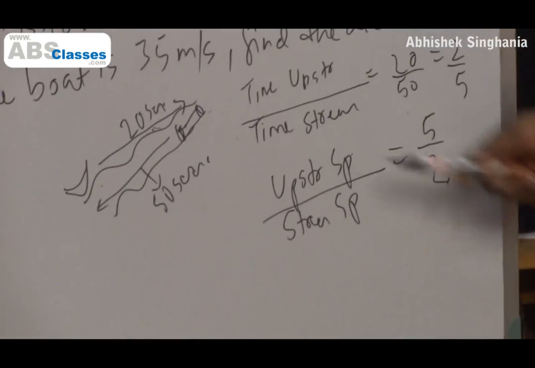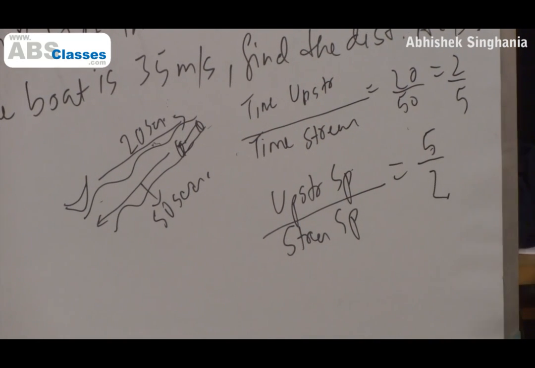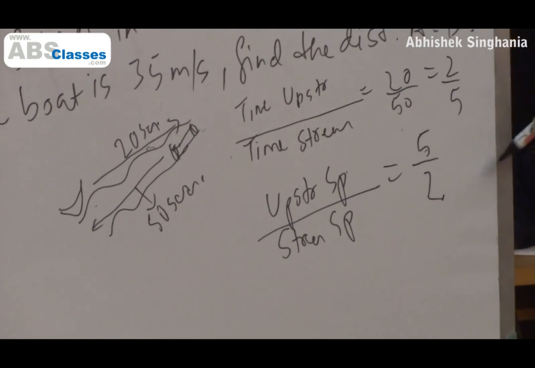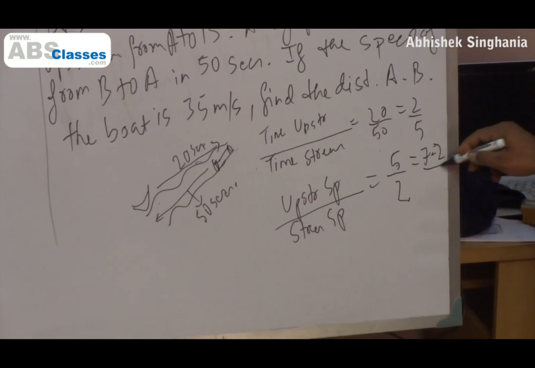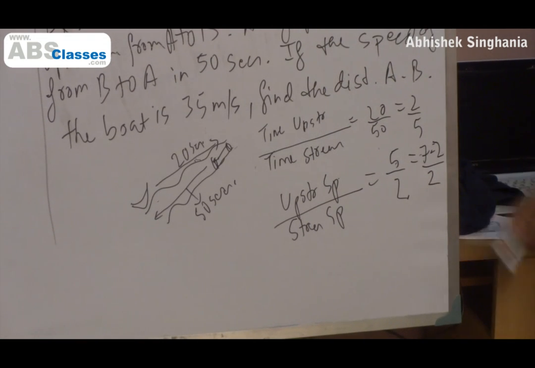Now I know upstream is nothing but boat minus stream. So boat minus stream is 5, stream is 2. So what will be boat then? 7. 7 minus 2 by 2. Right? So boat is 7, stream is 2. So ratio of boat and stream is 7:2.